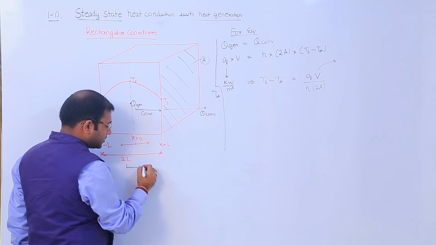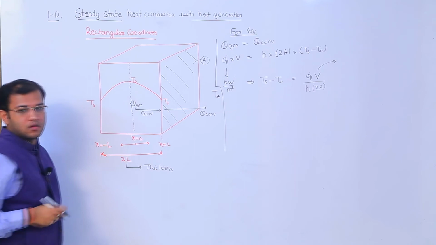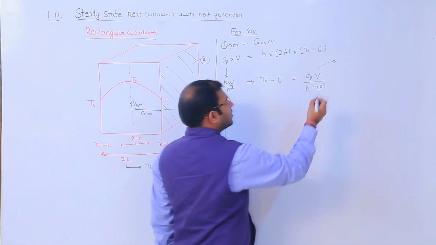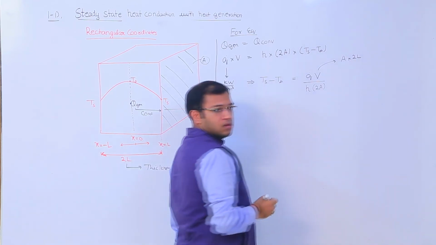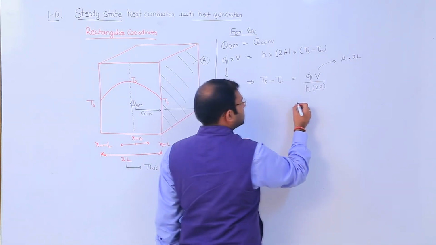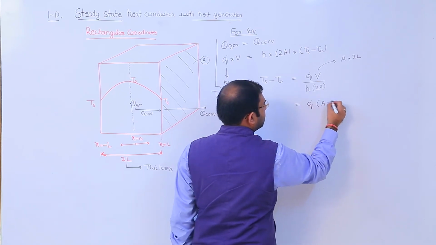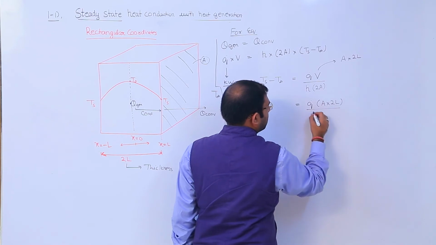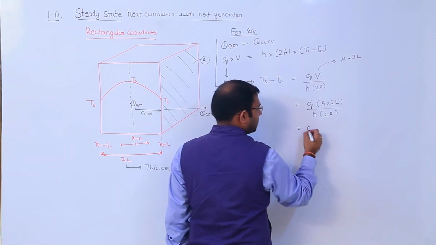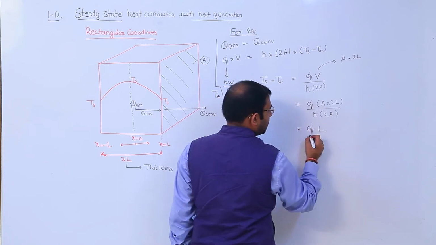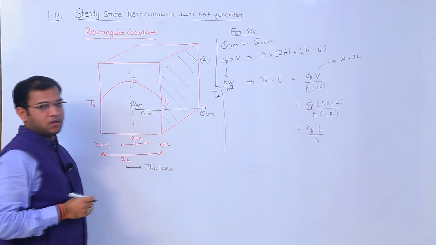Here the thickness is 2L. So, the volume becomes area into 2L. Fine. So, this equation can be written as Q dot into area into 2L upon H into 2A. So, this equation becomes Q dot L upon H.